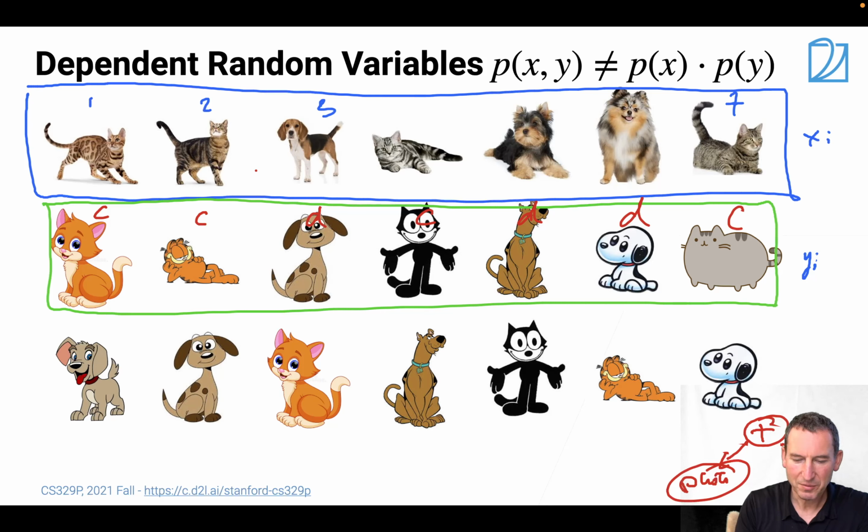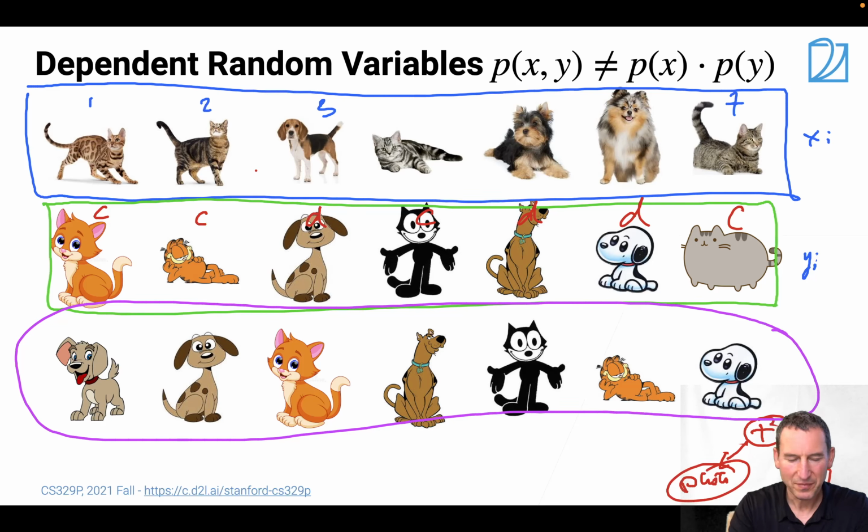Now you could ask the question, what about those below? Because this is clearly not so nicely paired, right? There's a cat, there's a dog, or maybe here's a dog and there's a cat. And again, if you look at it a little bit more closely, you can see that it's more or less the same thing as what we had before. Let's just call them yi primes.